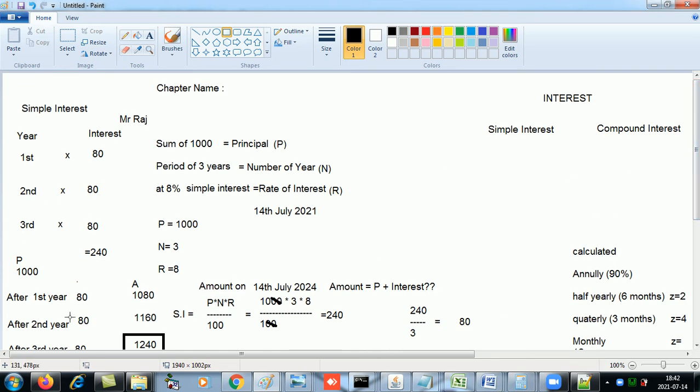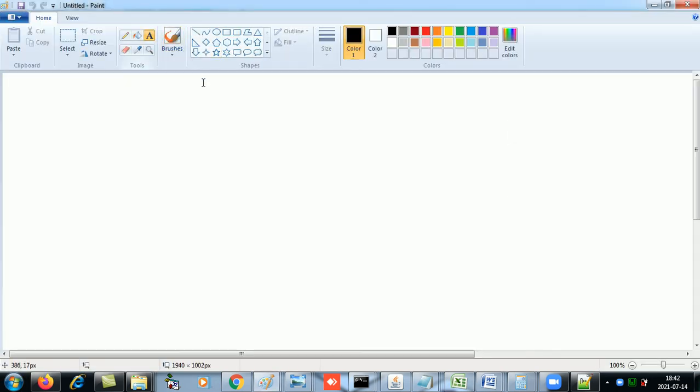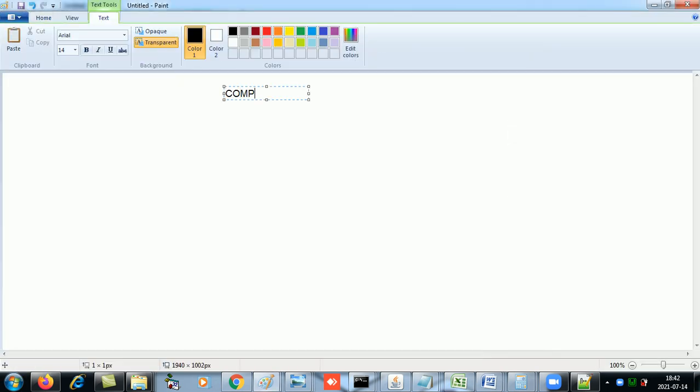Okay, now let's go to compound interest. Compound interest is a bit complex compared to simple interest.